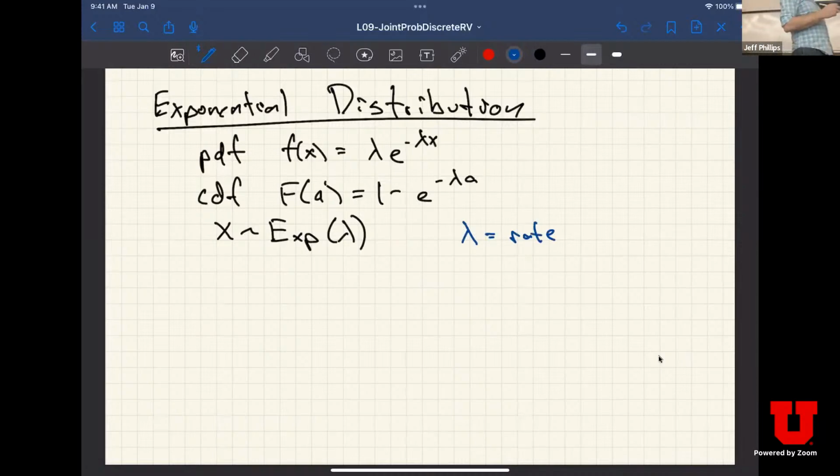This is the rate of some event that's happening, like the next time that we're going to measure a drop of rain at the airport, if this is a random event. That's probably not a great example.